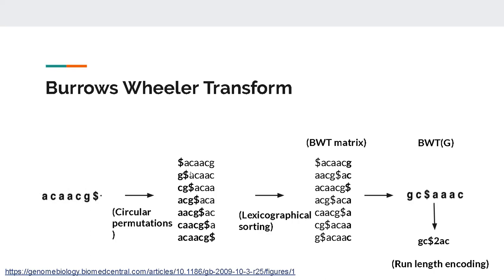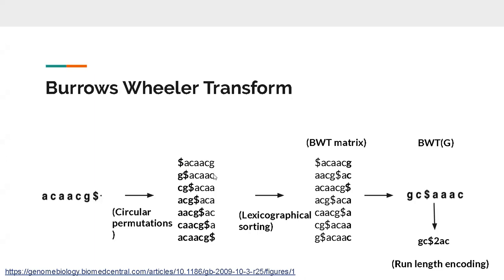So now if you look at the first row over here, what I have done with respect to this string is, I have taken this dollar and I have put it in the beginning, and I have shifted everything by one position. So the total length remains the same. I'm just shifting everything by one position. So my dollar, which was at the last over here, comes to the beginning. Now G becomes the last.